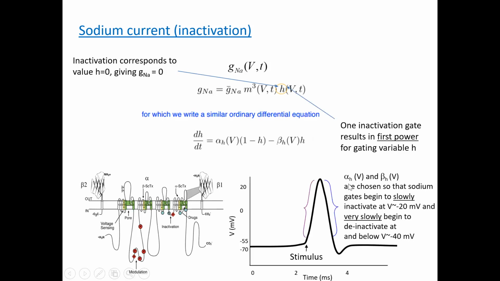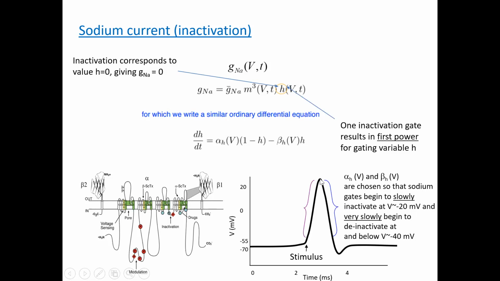And the rates at which closed goes to open and open goes to closed are chosen for sodium gates to slowly inactivate around minus 20, and then very slowly begin to de-inactivate down around minus 40.